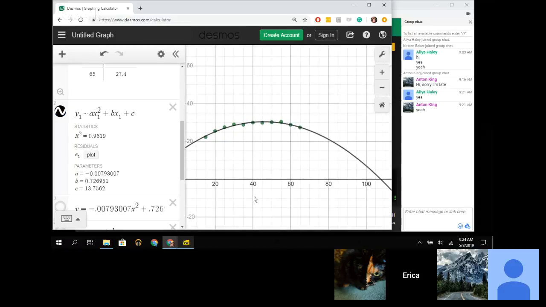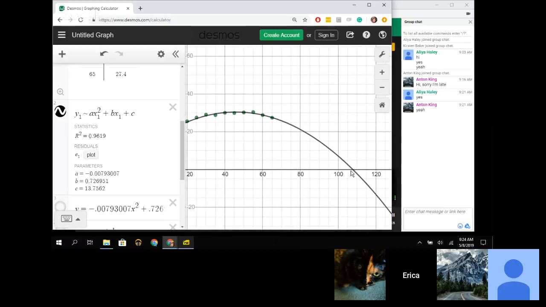Do you think that you can accurately predict, don't ever do this, but if you were traveling at 120 miles per hour, if your car could get that fast, do you think you would really get a negative miles per gallon? No, right? So there are some limitations. You can't extrapolate that far out.